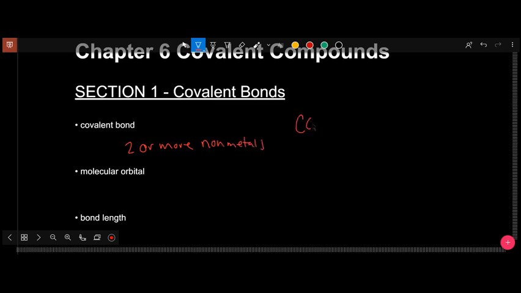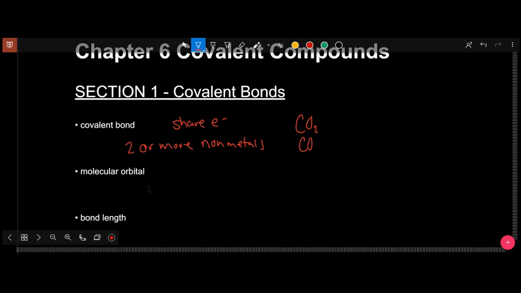An example would be carbon dioxide and carbon monoxide, a nonmetal and a nonmetal. It's also very important to remember that in covalent bonds the electrons are being shared, whereas in ionic the electrons are being transferred.